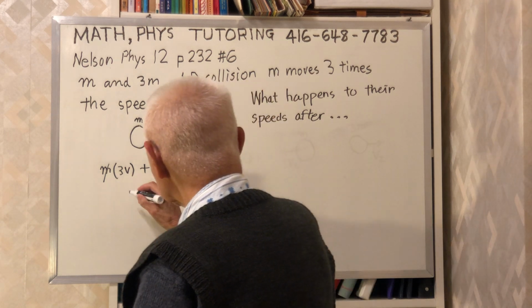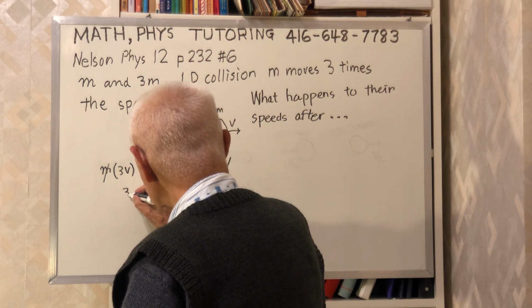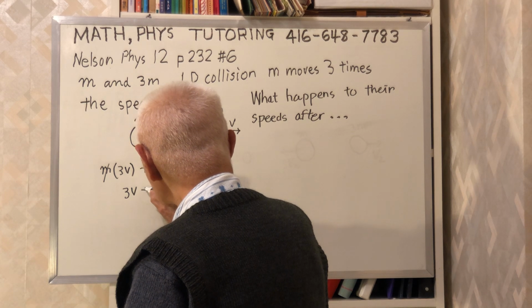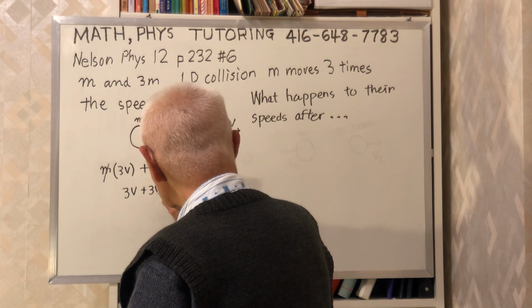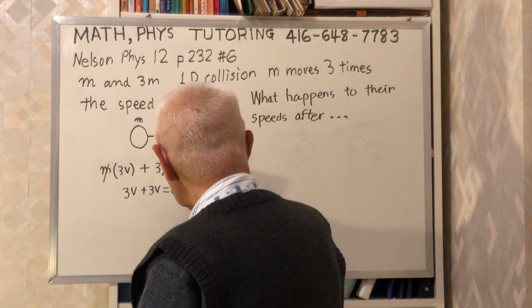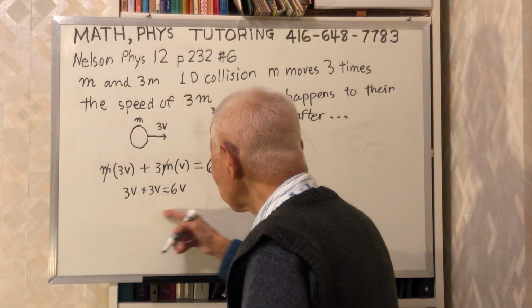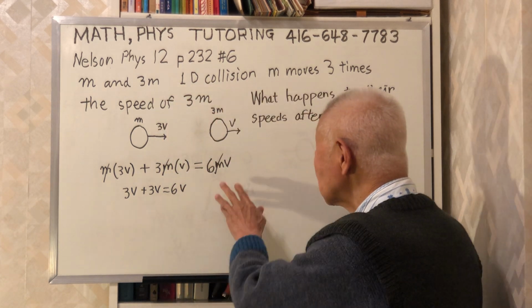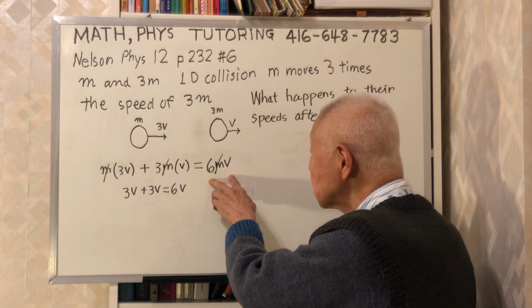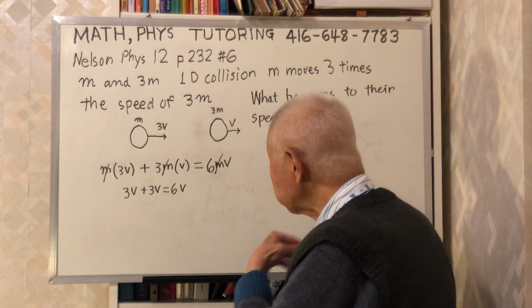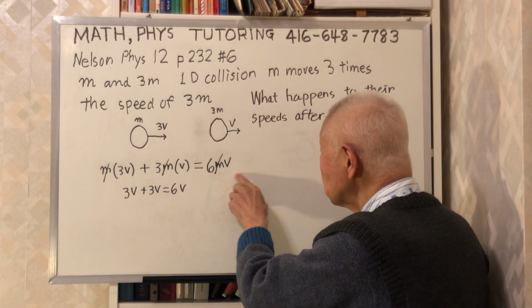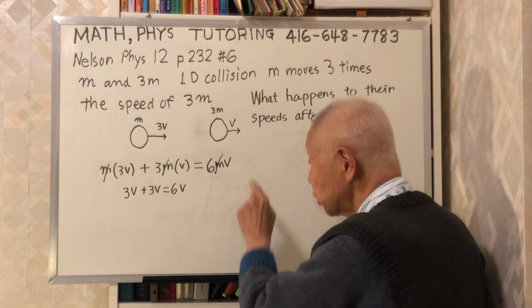So I have this relation, 3v plus 3v equals 6v. Of course, you see this is true. So what I want to remember is that the total momentum is 6mv. All right?